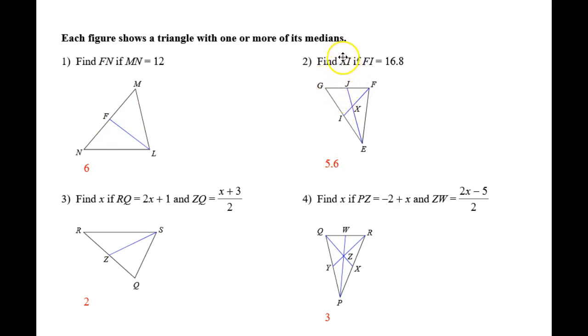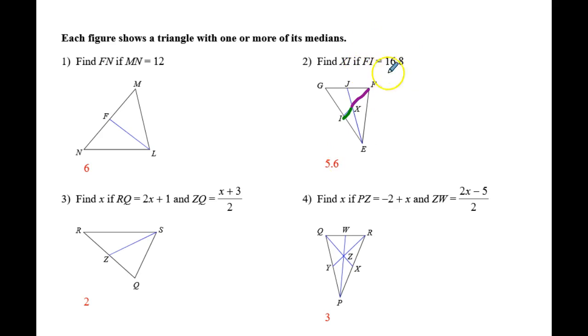And in this one, we want to find XI if FI equals 16.8. So this is using that 1/3 to 2/3 ratio. FX is 2/3 of the entire length of the median, and XI is 1/3 of the median.